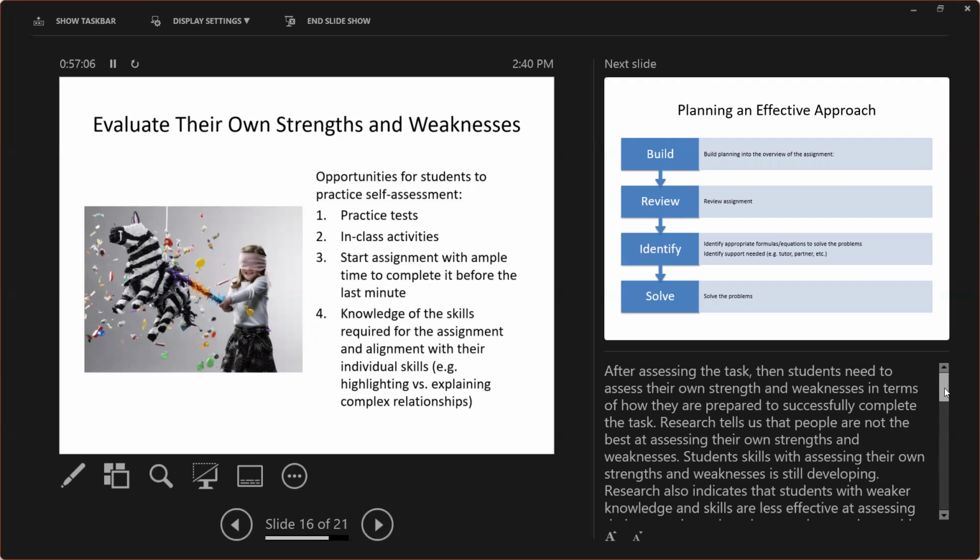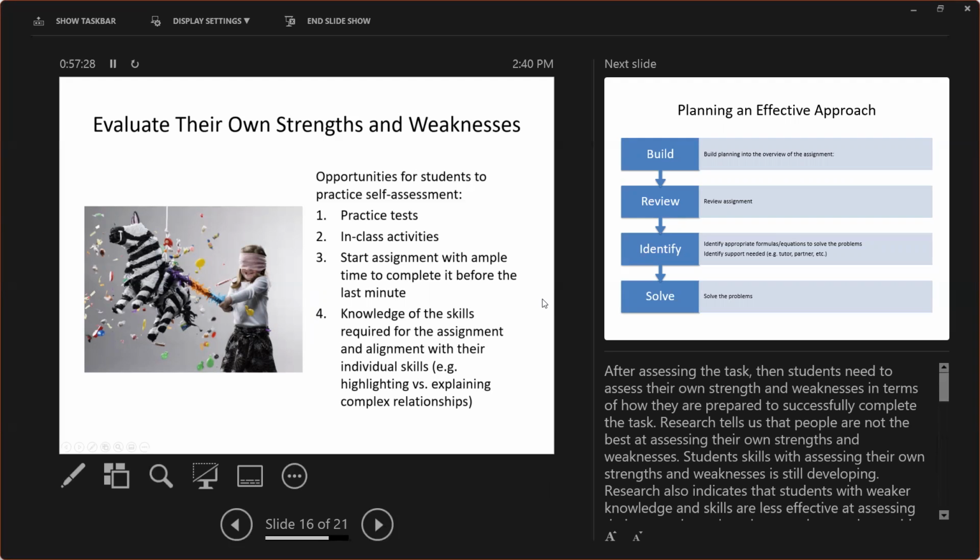And so if we can help students to understand during that task analysis, that task assessment, the complexity and the effort and the time required, then hopefully they will start the project early enough that they can be successful.